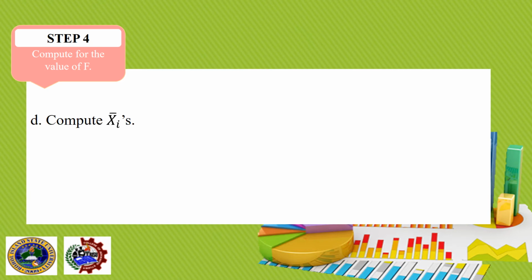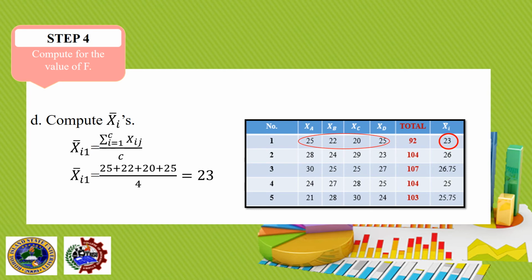Next step is to compute the x bar sub i's. So we will now consider this part of the table. Our x bar sub i is this column, these values. For x bar sub i1, we have this row, and we will simply add the values in this row.